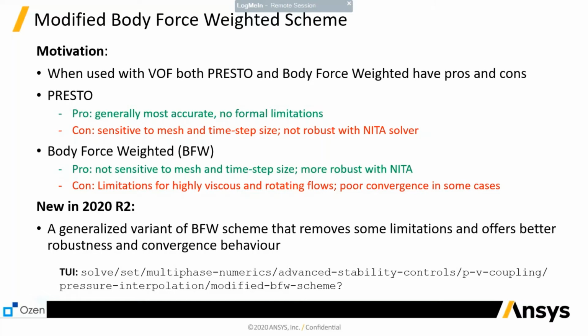But the problem was that in the case of very viscous flows, such as molten glass, it was having poor convergence issues. So in the new version, we can improve the accuracy by a one-line command, as shown here, which can be added to the TUI. And based on that, you can get very good results for BFW methods.